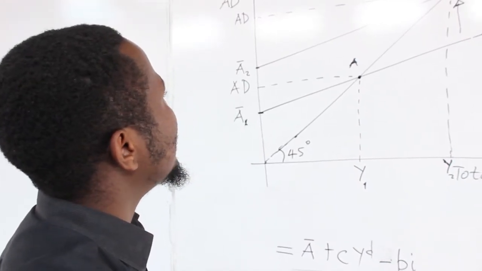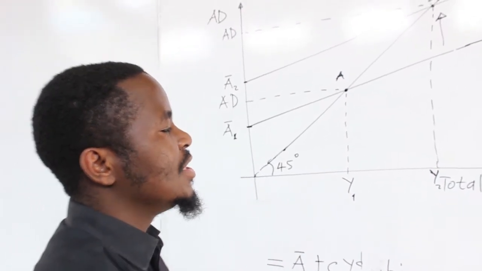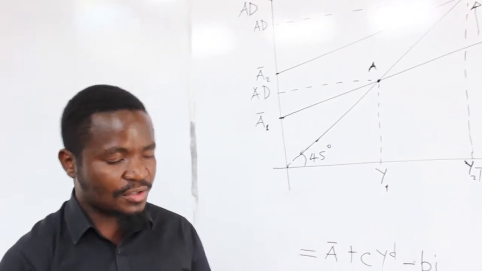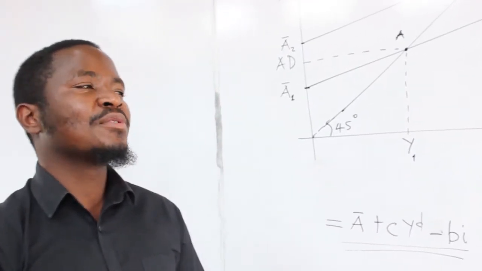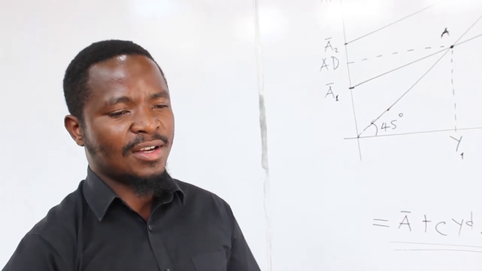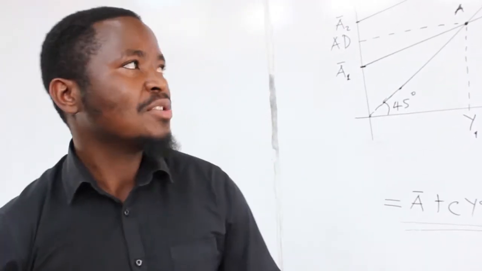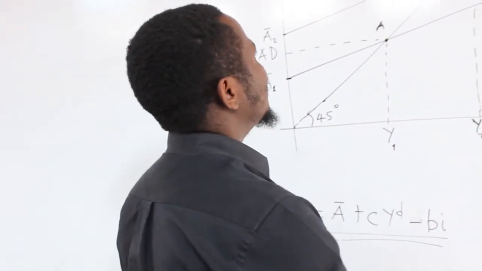This graph will help us to relate well the effect of income, the effect of interest rate and spending in the next explanation that we are going to look into.